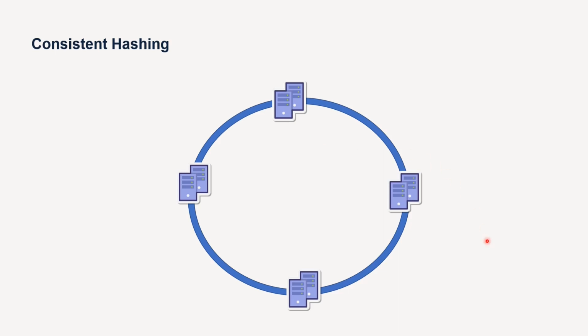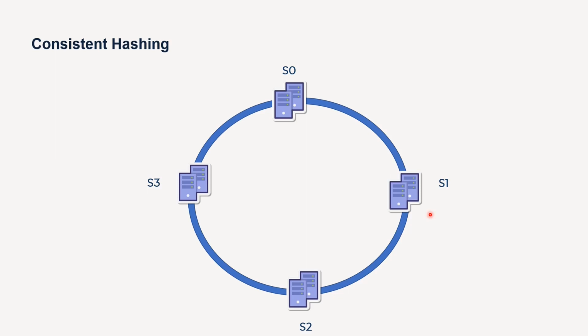Suppose you have taken a ring that has four servers S0, S1, S2, S3, positioned like this. We will take something like an IP address or server name, and then hash those values. You can define your own hash function based upon your requirement.